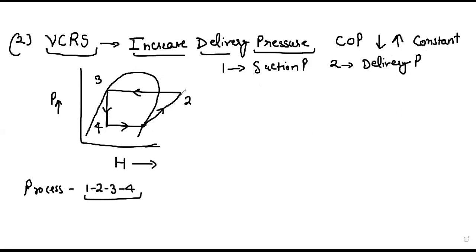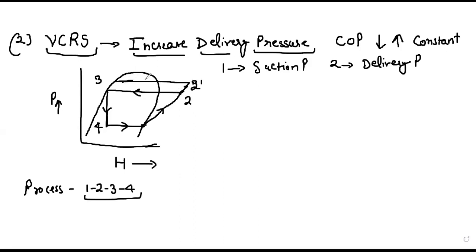He says that the value of 2 is increased. So what will happen? If the value of 2 is increased, let us suppose now 2 is not at this point, 2 is entering at this point and ending at this point. So we have increased it from 2 to 2 dash. Now if it is increased, the next process remains the same.